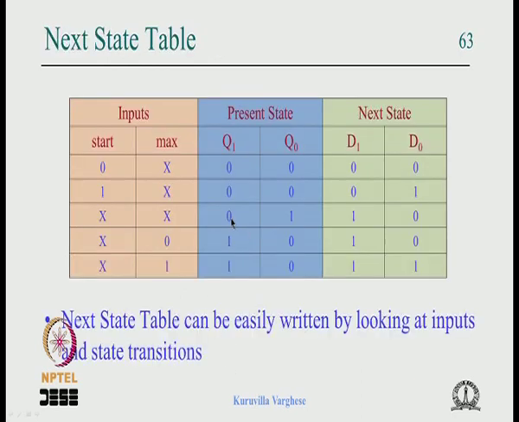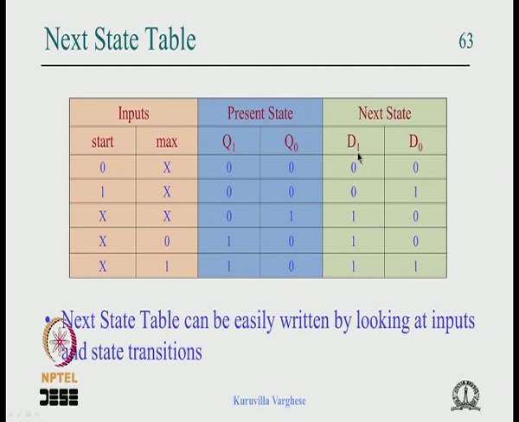So irrespective of the condition, the transition is made to 10. And when you are in 10 and max is low or inactive, it remains there waiting for max to become 1, and when max is 1 it transits to 11.